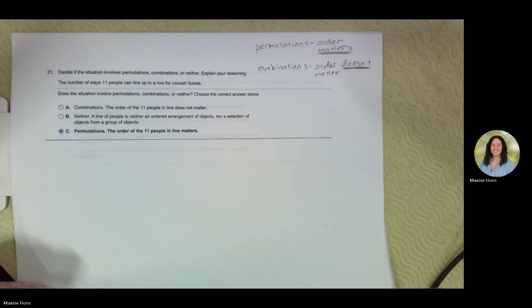So yeah, it's a permutation because the order matters, because if I'm first, I'm in a different situation than if I'm 11th, depending on how many tickets are available, right? So permutation, order matters; combination, order doesn't matter.